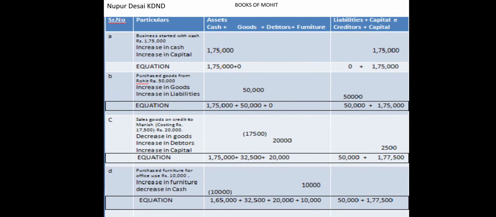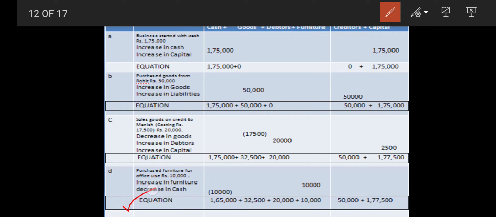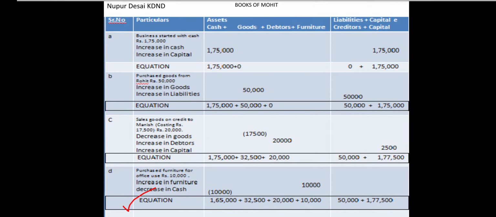Now switching towards transaction number E. The last equation, I had already transferred over there so that it can be continuous.